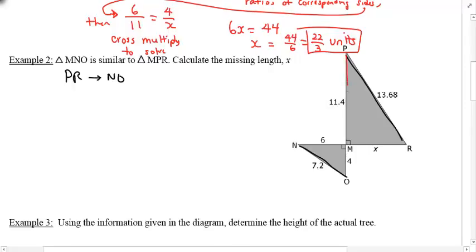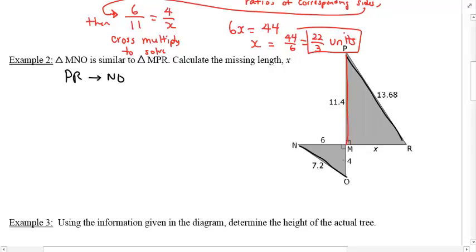How about the next side, this PM? There's my 90-degree angle, and my 90-degree angle is over here too. Does that match up with the MO, or does that match up with the MN? That's the question you have for yourself. How can we figure this out?